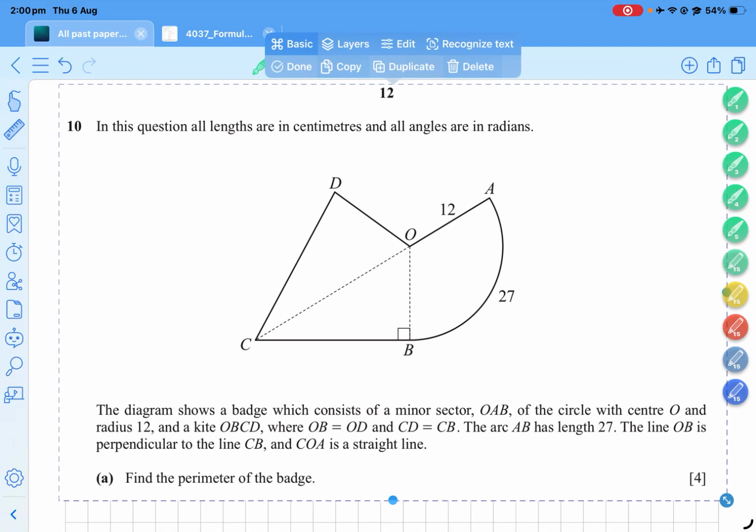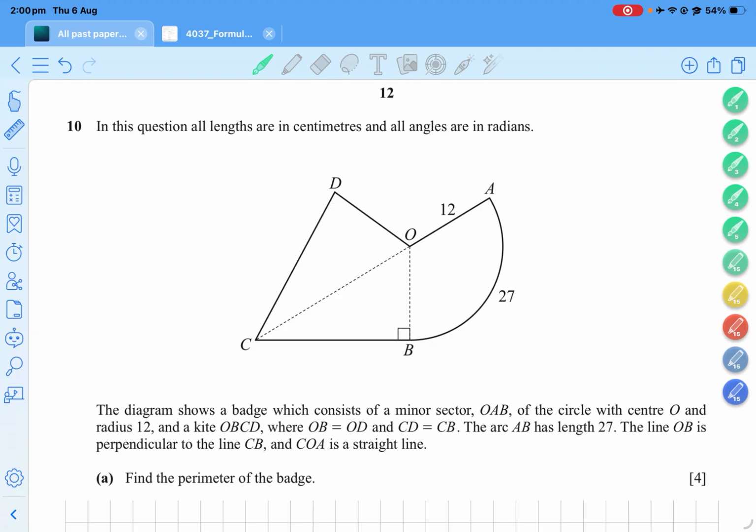Okay, then question 10. In this question, all the lengths are in centimeters and all the angles are in radians. A diagram shows a badge. You call that a badge? It's a minor sector OAB of circle O, radius 12, and a kite OBCD.